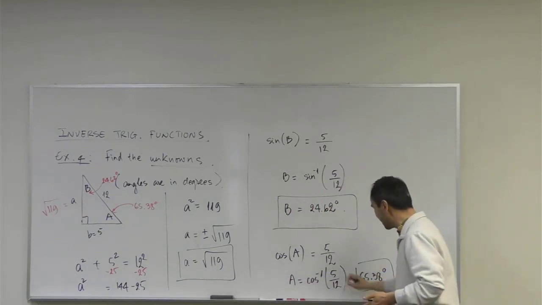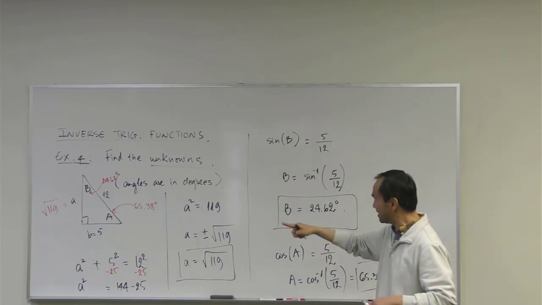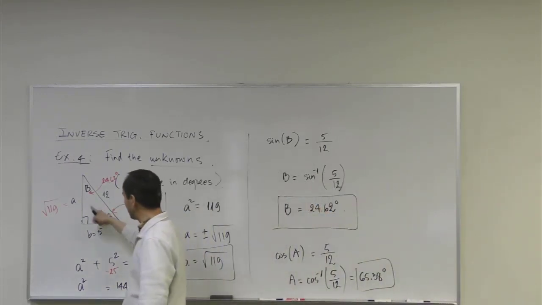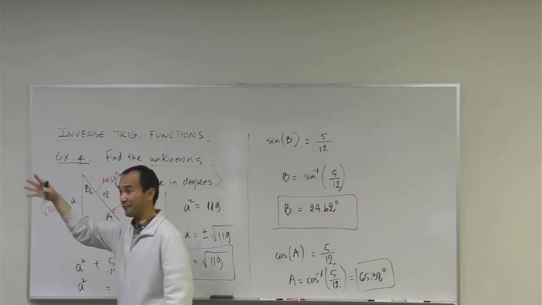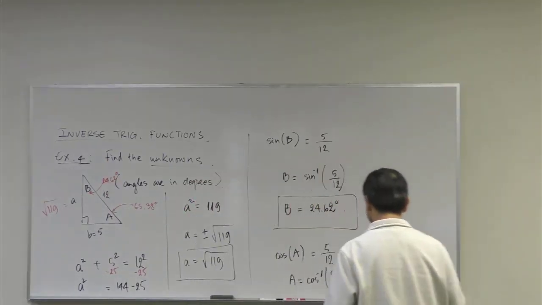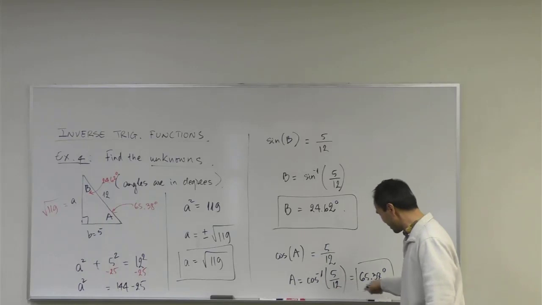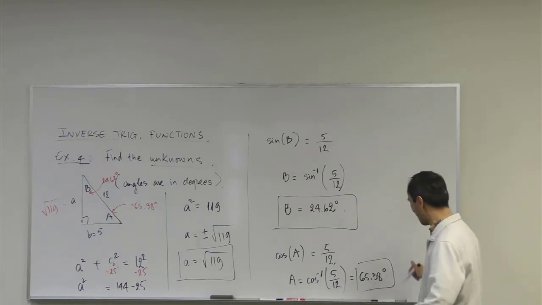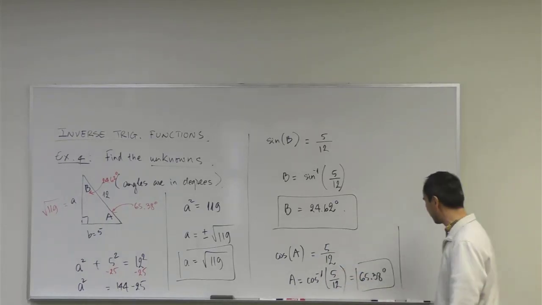But when it comes to this remaining angle, in a situation where we've got two unknown angles, and we have found one using an inverse trig function, we can find the other angle by using the inverse trig function as well. That's one option. But think about it.